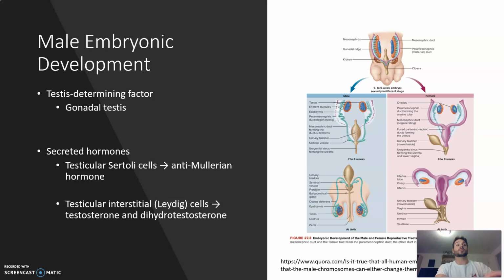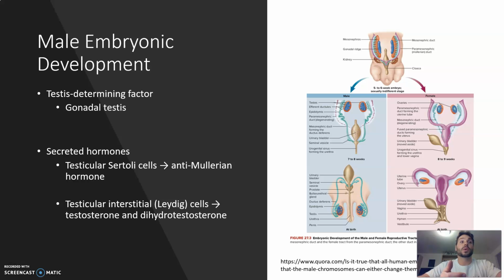To be more specific, we talk about male embryonic development next. Here we start to see hormones take play. The SRY gene produces a protein called the testis-determining factor, which binds to DNA, activating other genes to help direct development of gonadal testes.